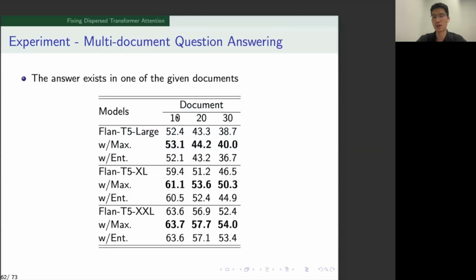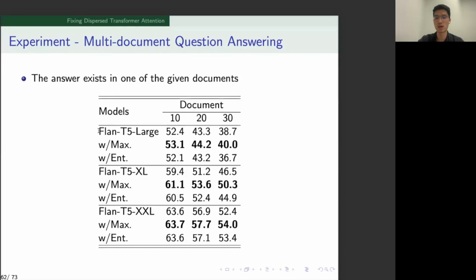Finally, we try to do some multi-document question answering. This is from another paper, and they get some documents and questions from the Natural Questions, or Natural QA, data set. The answer is guaranteed to exist in one of the given documents, and the model needs to answer the given questions given all the documents.